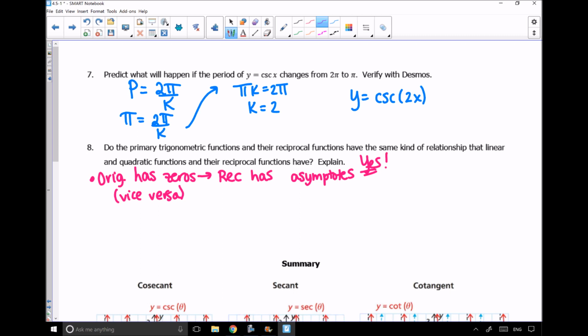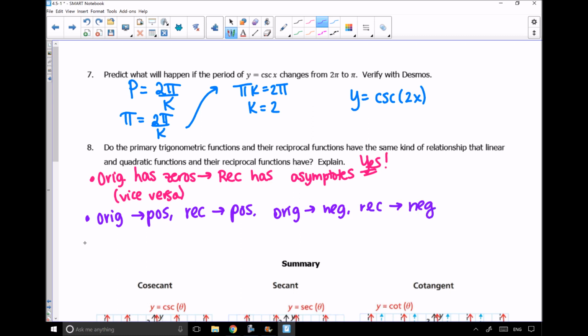Another key piece of information that we used to do this was when the original function is positive, the reciprocal function is also positive. When the original function is negative, the reciprocal function is also negative.